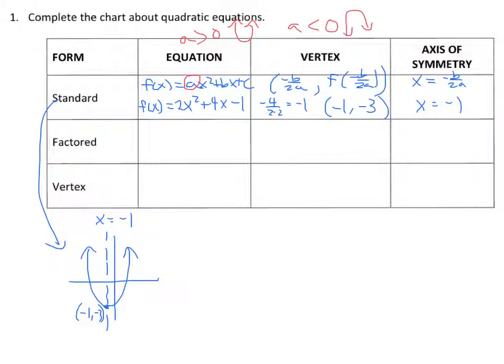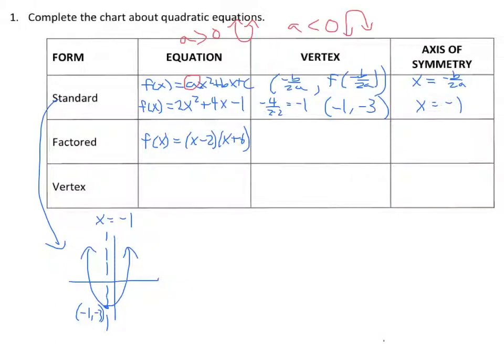Factored form of an equation doesn't really have a general form, but it's easier to just look at examples. A quadratic equation in factored form might be something like f of x equals x minus 2 times x plus 6.